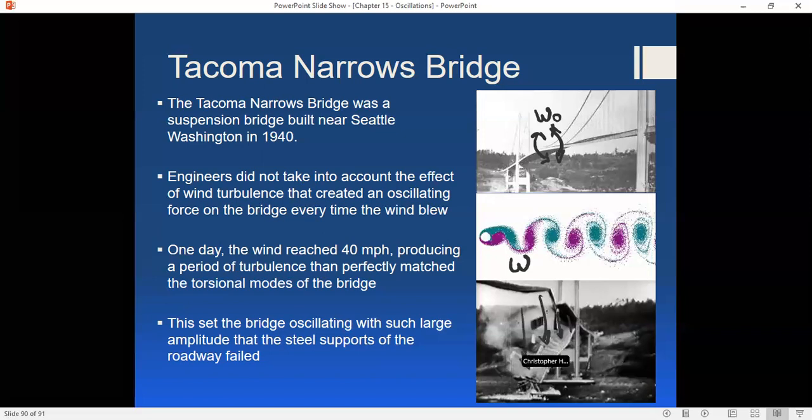Now, fortunately, this behavior had been going on for a few days. So nobody wanted to be on this bridge in the first place. In fact, there were some cars that were still left on the bridge when people became very nervous and abandoned their cars. But eventually, as people watched this, the bridge began to fatigue, and then it collapsed.